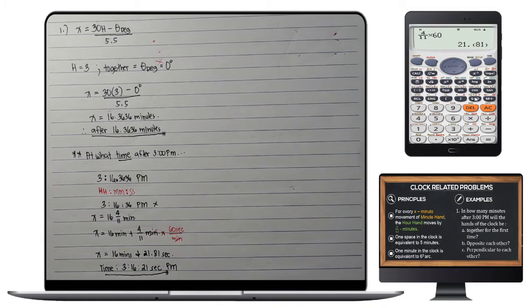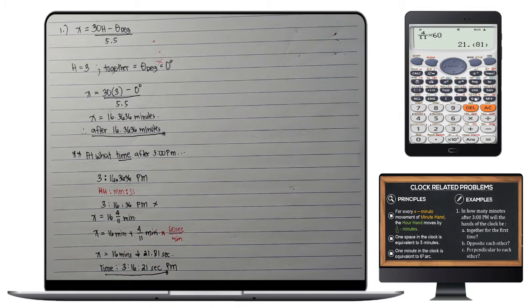So, be careful dun sa pag-a-analyze kasi baka tama na yung process, mali yung sagot kasi mali yung intindi sa tanong. Okay? So, magkaiba yung in how many minutes at saka at what time. In how many minutes, pinapahanap lang sa atin yung value ni x. Pag sinabing at what time, kailangan isolve natin si specific time. So, yung format natin is in hour, minute, and second.